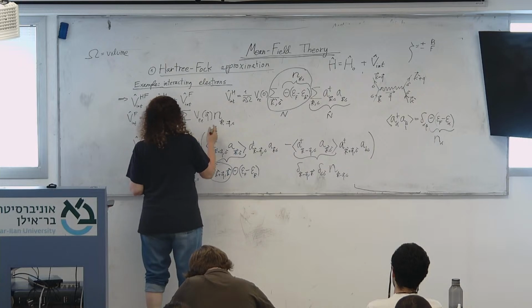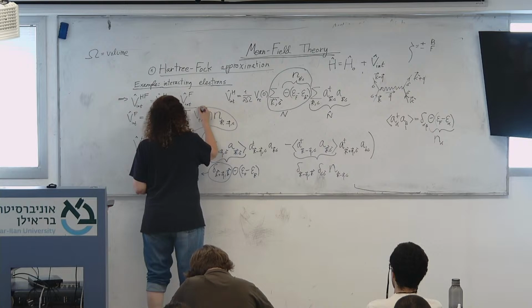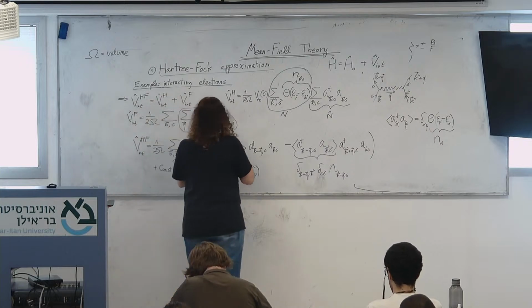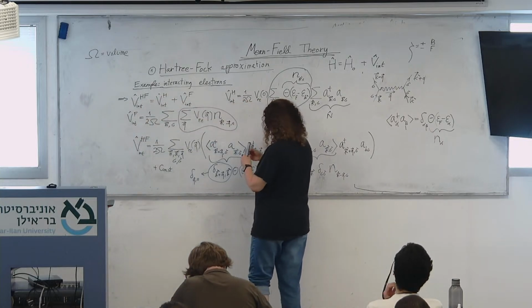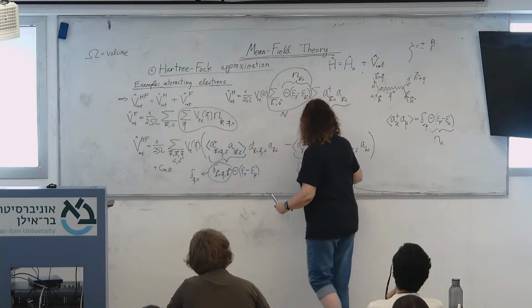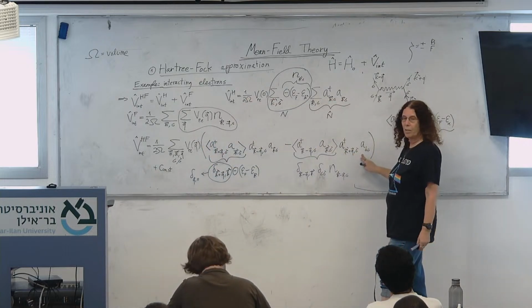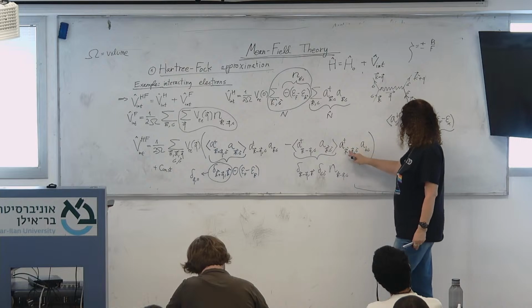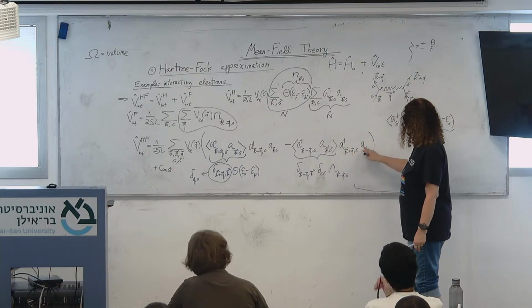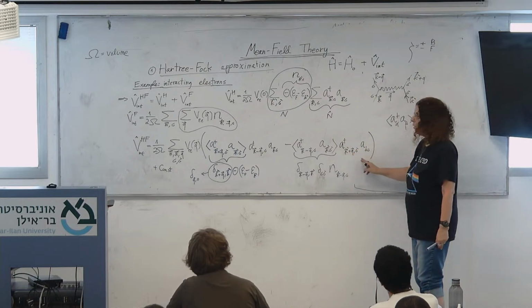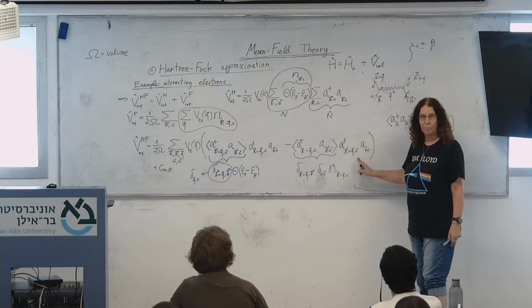And this is all a number, which I'm going to encircle, right? And what is left over? The operators: A dagger K prime plus Q sigma prime, A K sigma. But we use the delta.